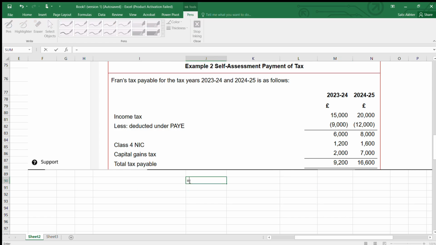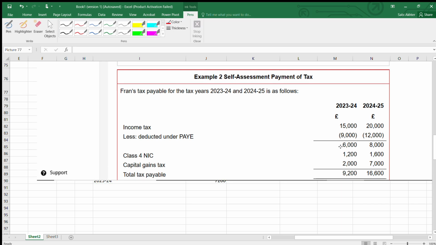Now, to find the payment on account, remember the 6,000 of 23-24. Add your class 4 NIC 1,200. We are taking the 23-24 figure. The income tax, that is after you deduct the PAYE from income tax, which is 6,000, and 1,200.